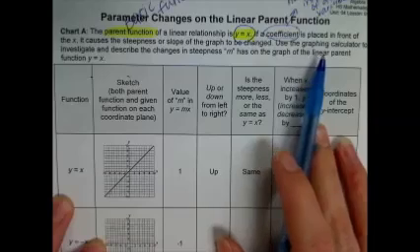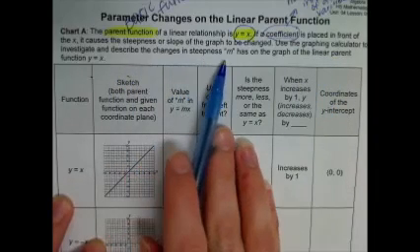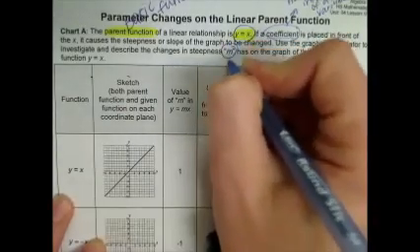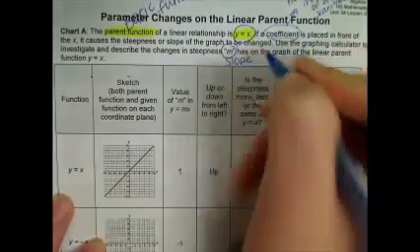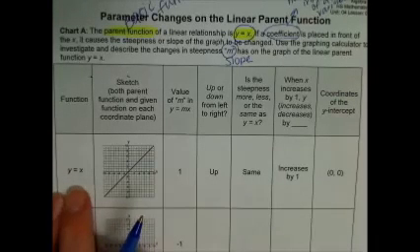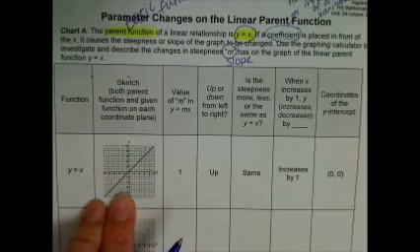In class, you will use the graphing calculator to investigate and describe the changes in the steepness, M, which is slope, has on the graph of the linear parent function y equals x. So if you look right here, this is a sketch of your parent function y equals x.